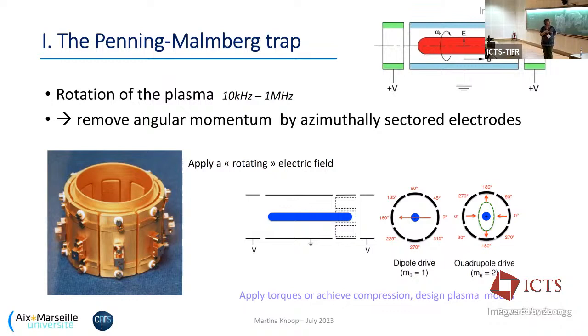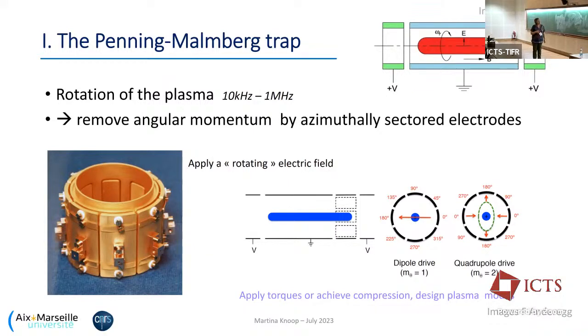Some use four segments. If you have a segmented trap like that, you can manipulate the angular momentum of the rotating plasma. You can either add or remove angular momentum. You can put a torque on the plasma also. You can try to be resonant with the plasma modes.